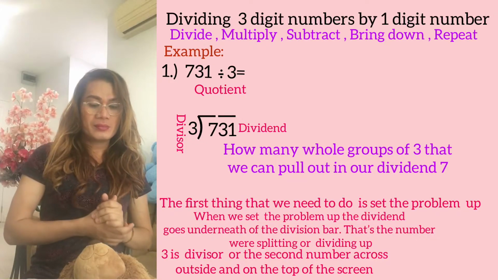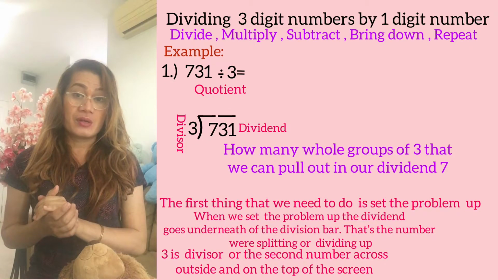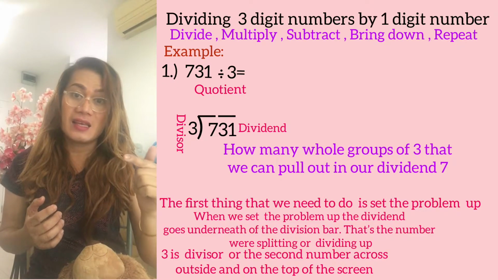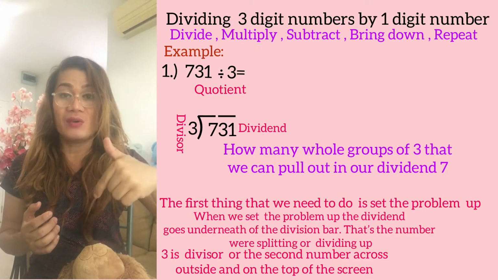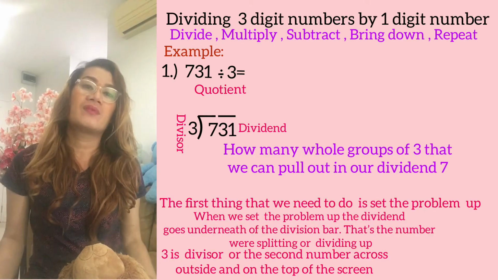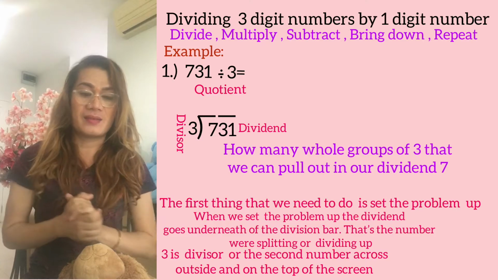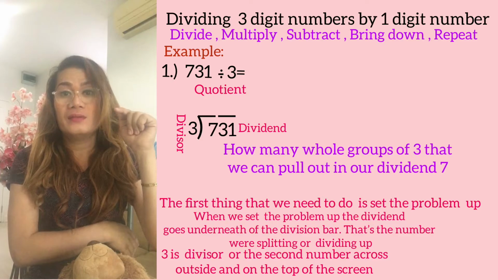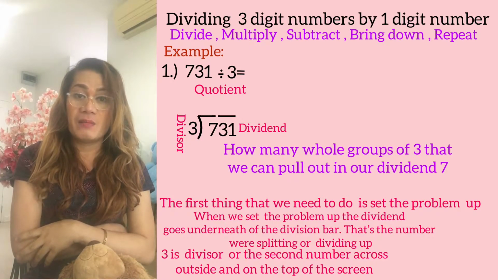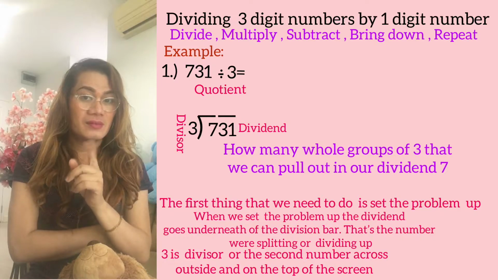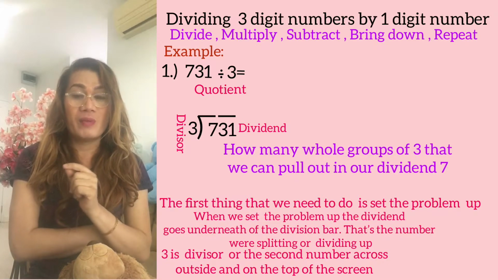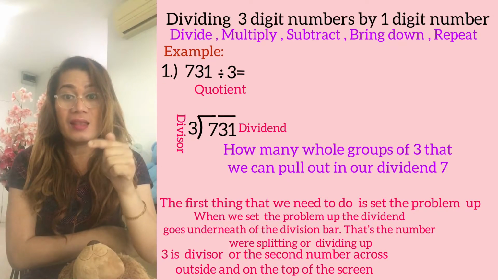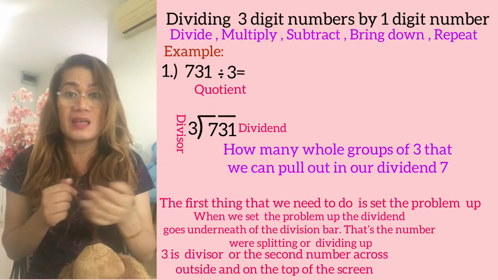Very good. Now we have to multiply, subtract, bring down, and repeat again. This is our division process. 731 divided by 3. 7 divided by 3: how many groups of 3 can we pull out of our dividend 7?